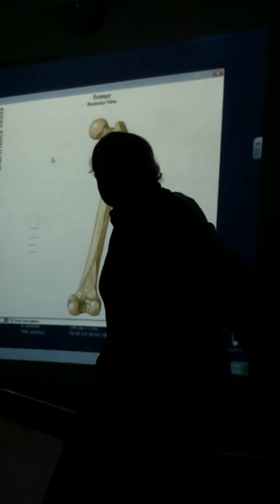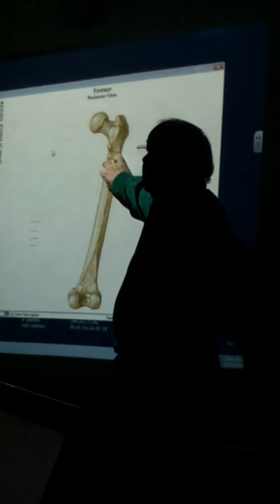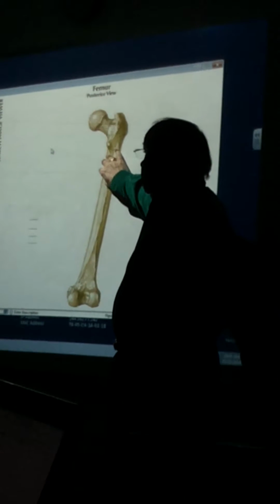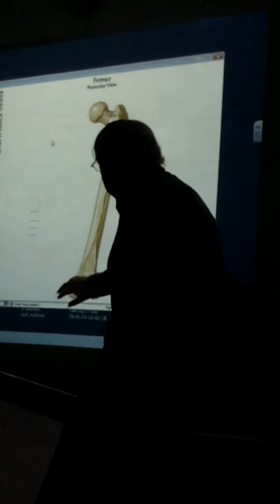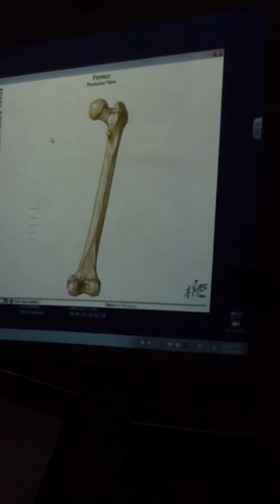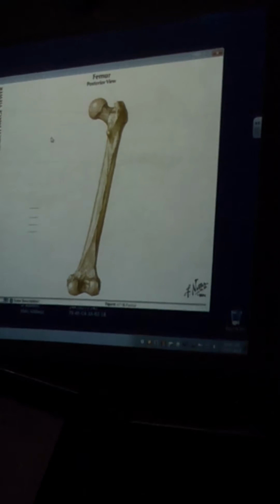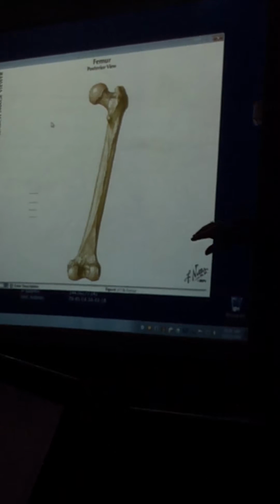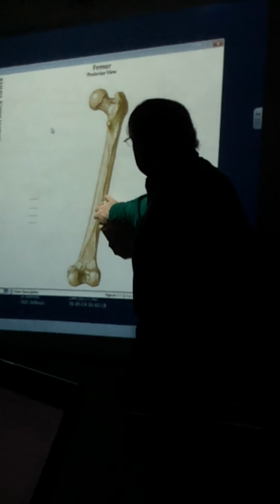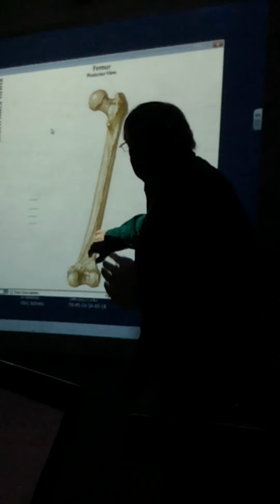If that's the gluteal tuberosity, what muscle attaches there? Gluteus maximus. Then this down here is the linea aspera, the aspirated line. And when you aspirate, you throw things up, right? So the line's pulled out a little bit more, but it's a line. It's not a crest, although it could be.